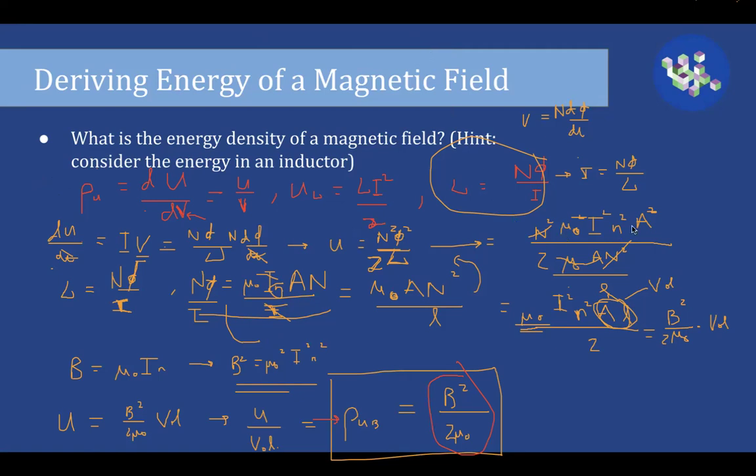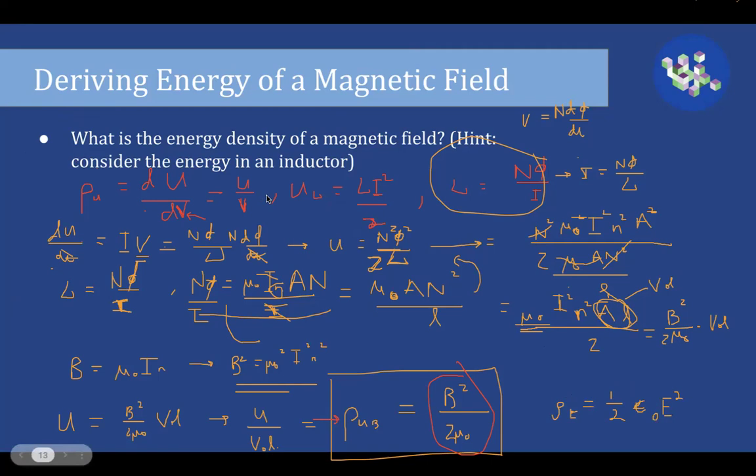As a side note, this is related to the energy density of an electric field, in case you're curious. This is the electric field and this is the permittivity constant, epsilon naught.